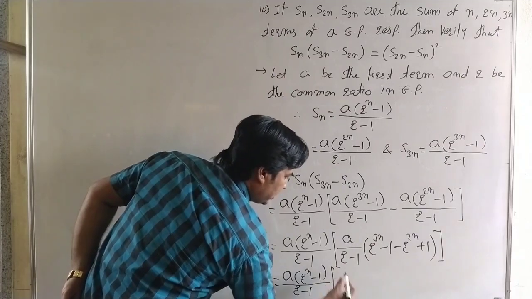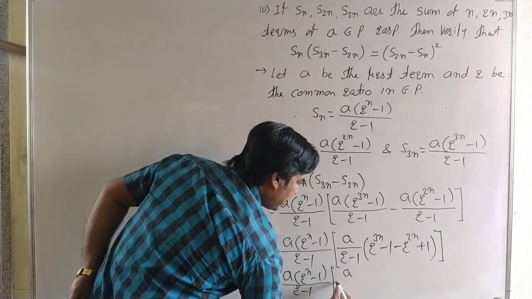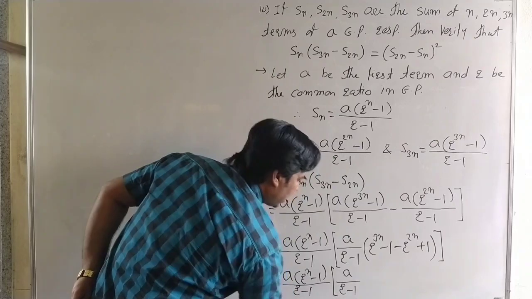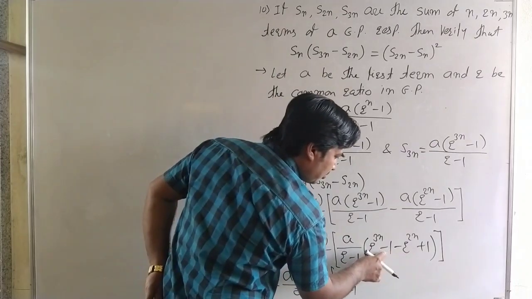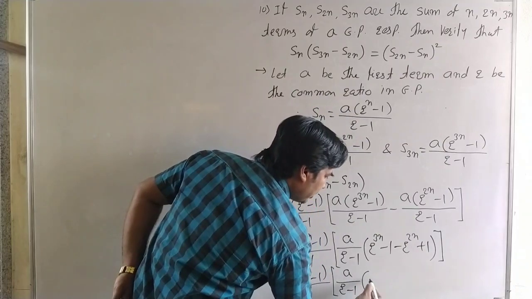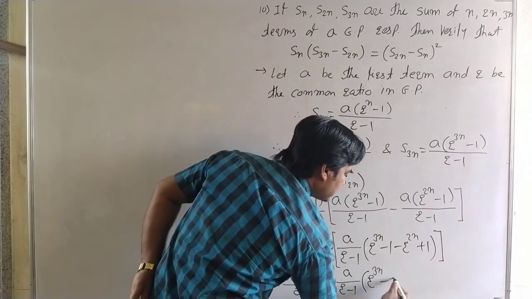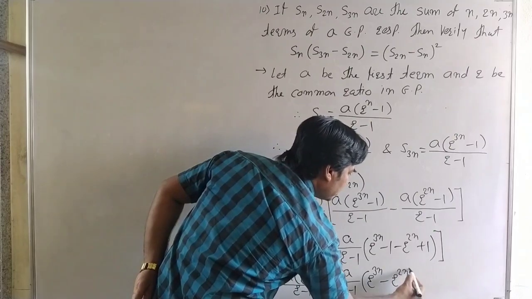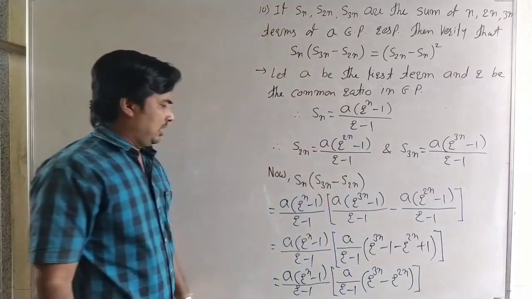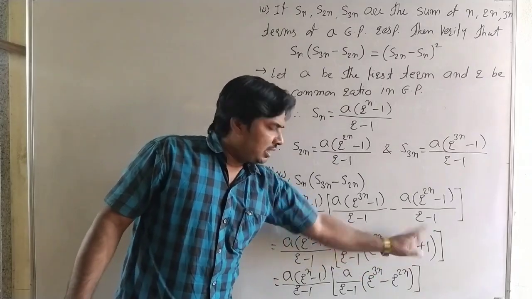See carefully, here in this bracket A upon R minus 1 is common. Then it is R to the power 3n minus 1 minus R to the power 2n plus 1. In this bracket the minus 1 and plus 1 get cancelled. We write R to the power 3n minus R to the power 2n.